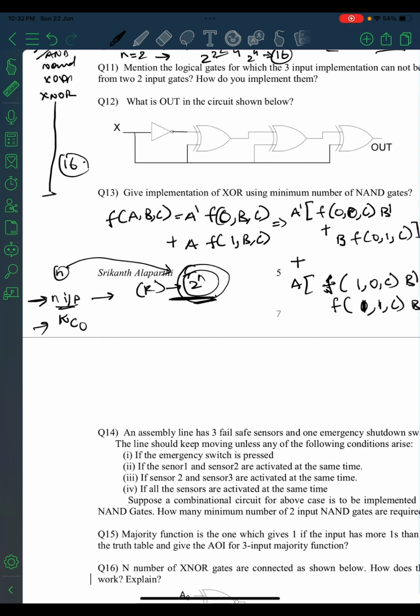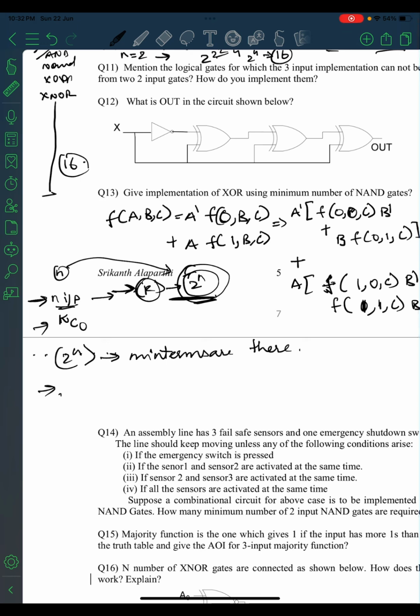Here k minterms are there, right? All possible Boolean functions can be represented in this way. Out of all k, meaning the total number of minterms, 2 to the power of n types of minterms are there, right?